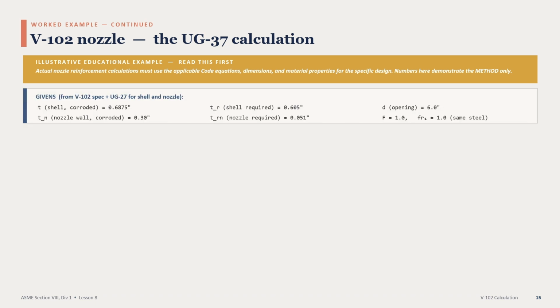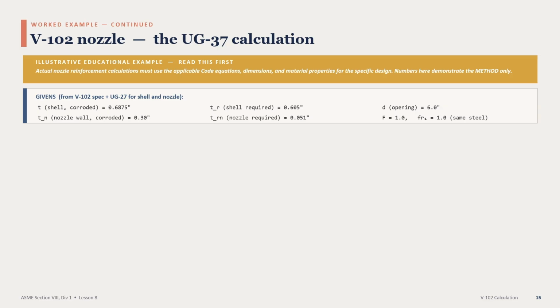Okay, here are the numbers. Shell thickness in the corroded condition 0.6875 inches. That's the 13/16 inch shell we specified in lesson 3 minus the 1/8 inch corrosion allowance. Shell required thickness per UG-27 0.605 inches. Opening diameter 6 inches.